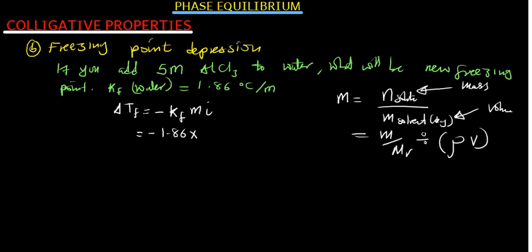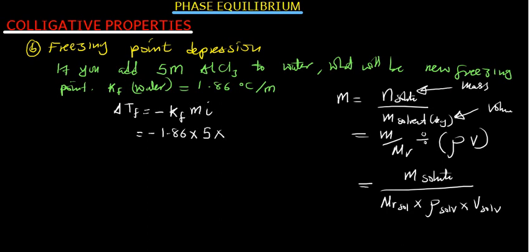So this formula becomes the mass of solute divided by the molar mass of the same solute, multiplied by the density of the solvent and then multiplied by the volume of the solvent. That is how we are able to calculate the molality, and this is going to be in mole per kg. Well, let's go on and multiply the molality. We've been given that it is 5 molal. The Van 't Hoff constant, we've been told aluminum chloride.